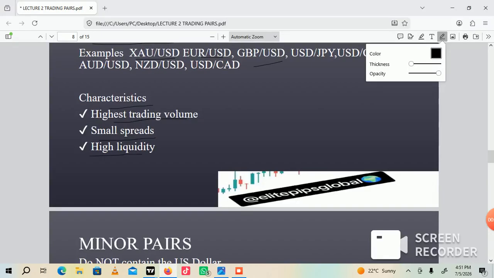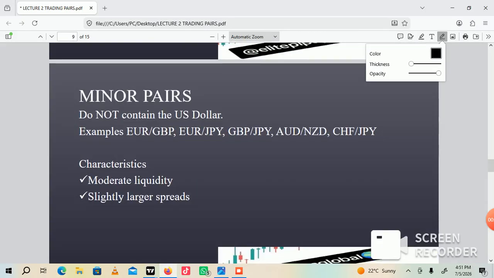When we are talking about liquidity, as we discussed in our last lecture, liquidity refers to how fast an investment is converted into money. Now let's jump to the minor pair, which is the second type of trading pairs.